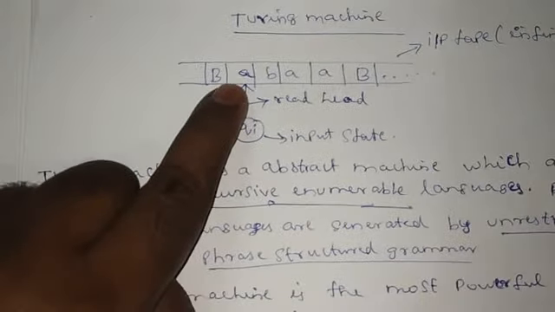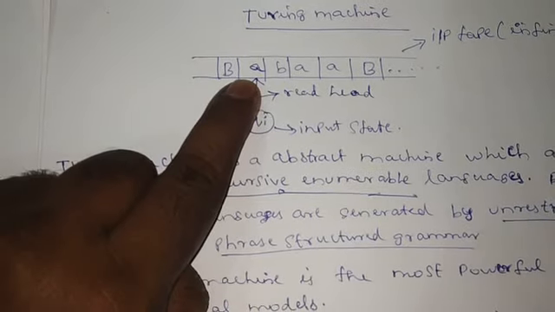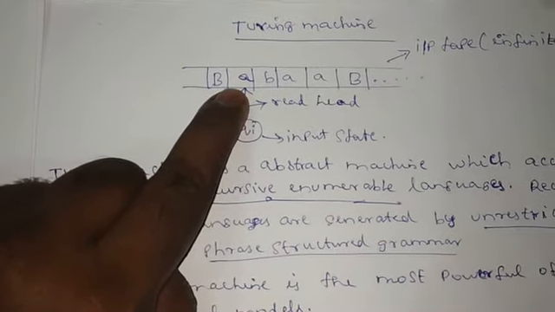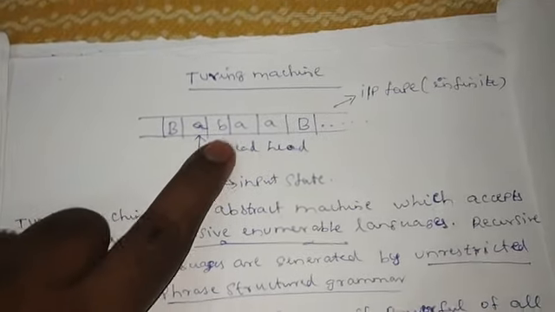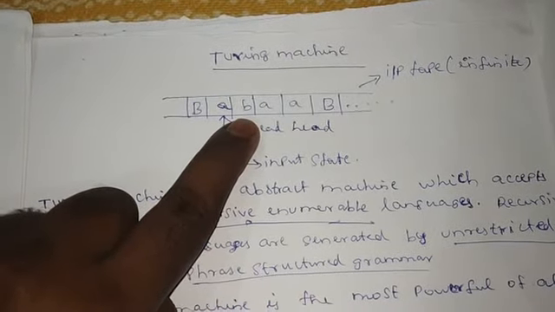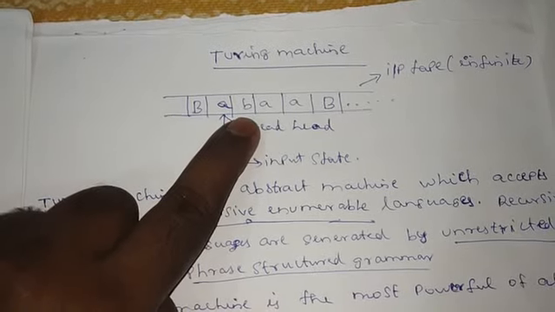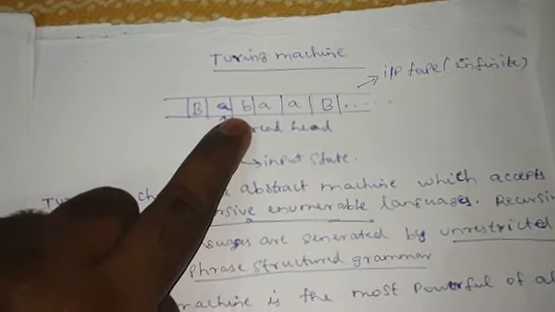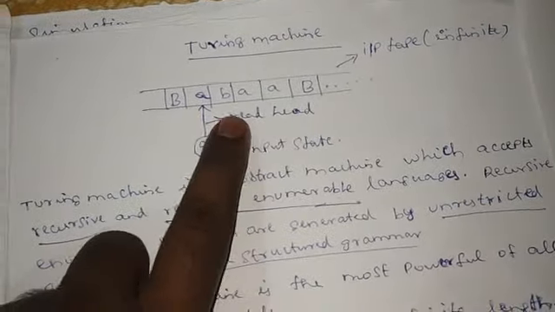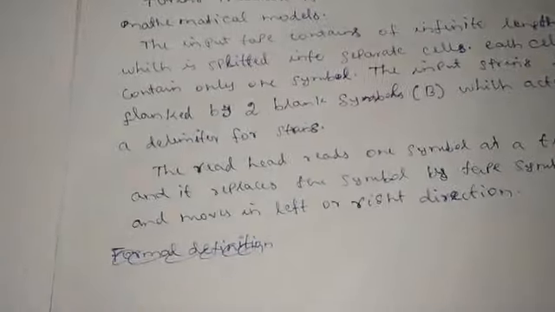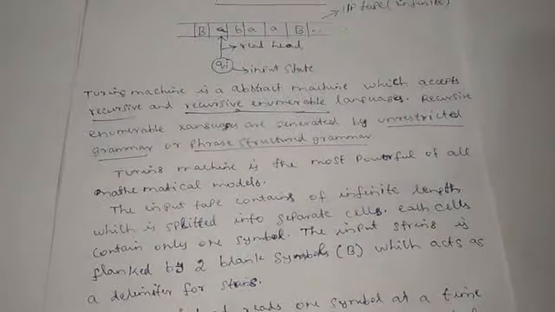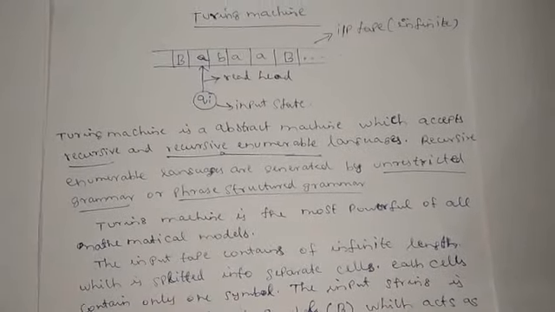Whenever I read the input symbol A, suppose I replace this A by X, then that symbol is called a tape symbol. And when I read B, and if I replace it by Y, then that is called a tape symbol. So whenever I read an input symbol, it is always replaced by a tape symbol, and the read head either moves in the left or right direction. This is the nature, and this is called the working model of Turing machines.